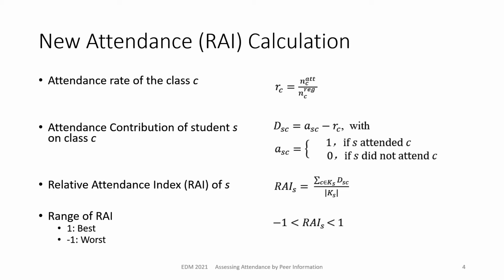If the student did not attend the class, the value is negative RC. Finally, the relative attendance index of the student, denoted as RAI, is the average attendance contribution over all registered classes of the student. RAI is a value between -1 and 1. 1 is the best attendance, and -1 is the worst attendance.